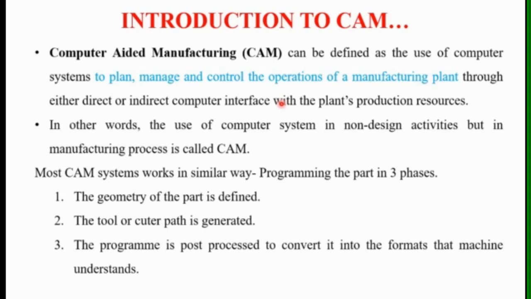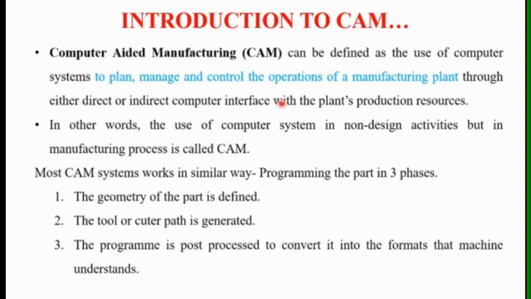In most CAM systems, the programming of CAM is divided into three phases. First, the geometry of the part is defined. In the first phase, we have to define the geometry of the component that we are going to manufacture with the help of various CAD software packages.